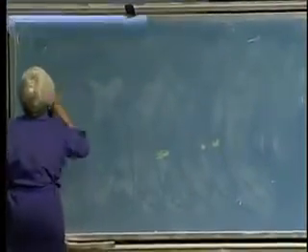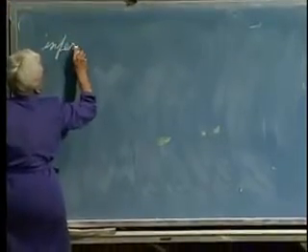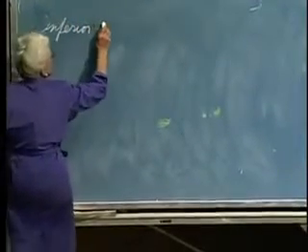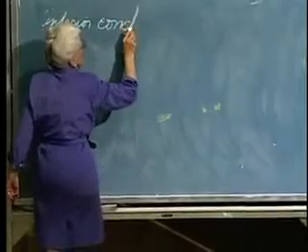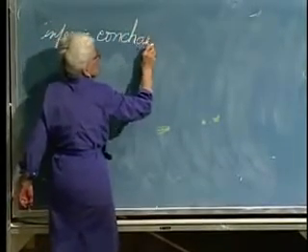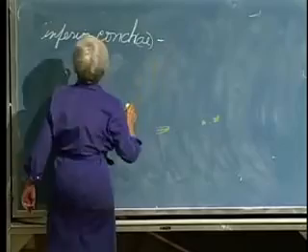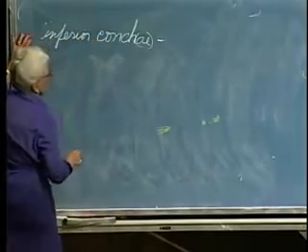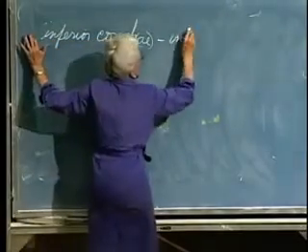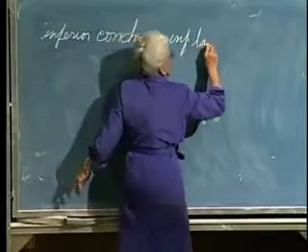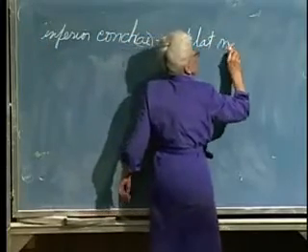We'll have the inferior conchae, AE is plural. This is in the lateral, it's inferior lateral nasal cavity.